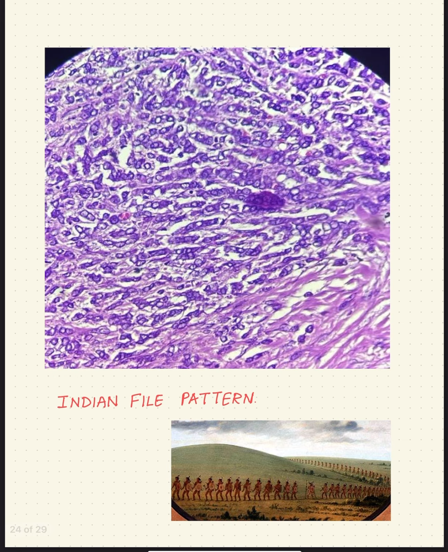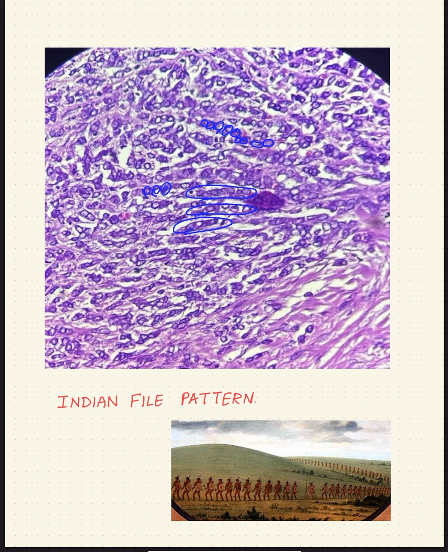This is the microscopic image. Here you can see the tumor cells arranged in single file or the Indian file pattern. That is, tumor cell, tumor cell, tumor cell. They are almost dyscohesive, not too adherent to each other, and they are in line one after another.